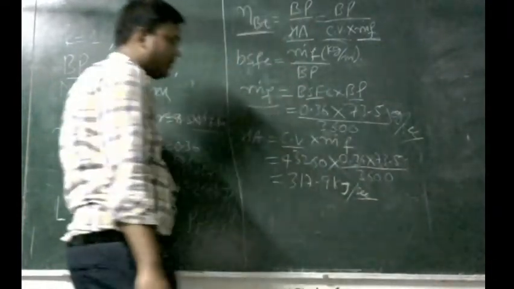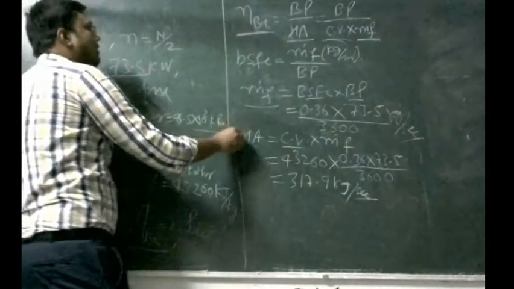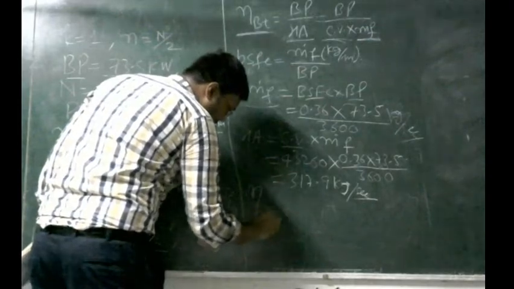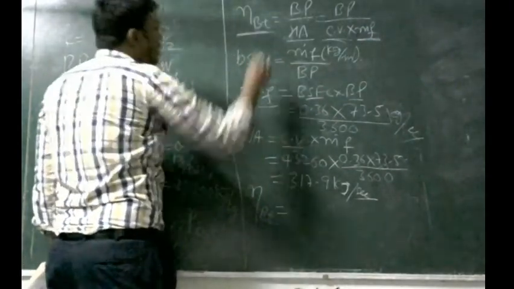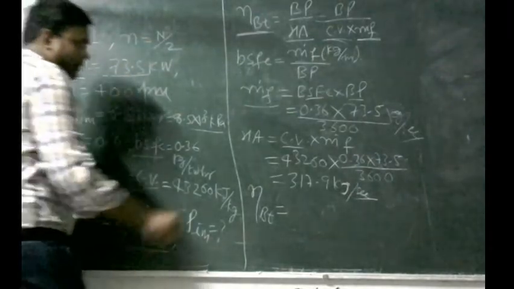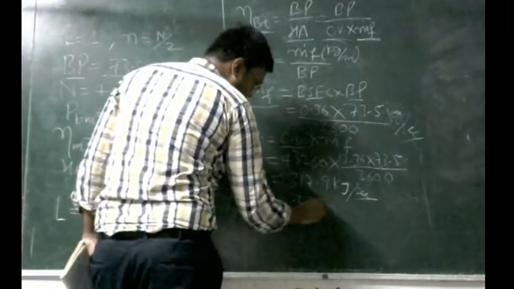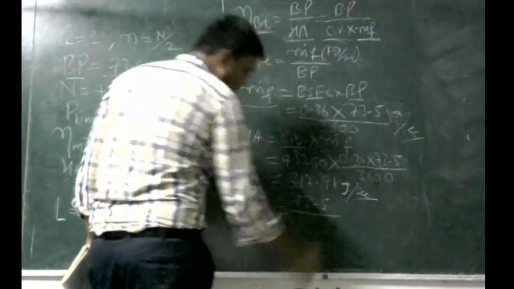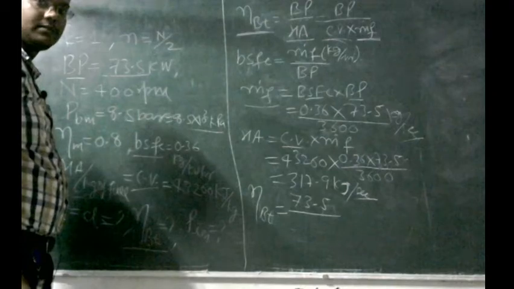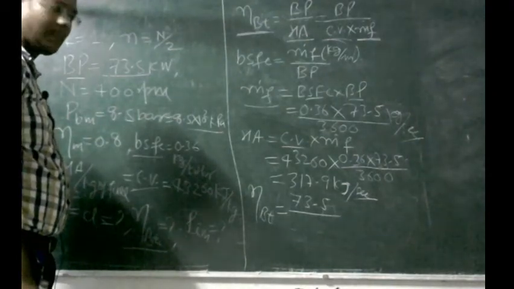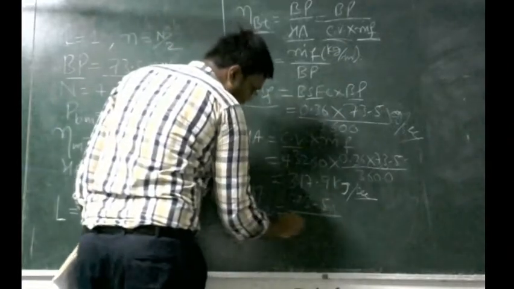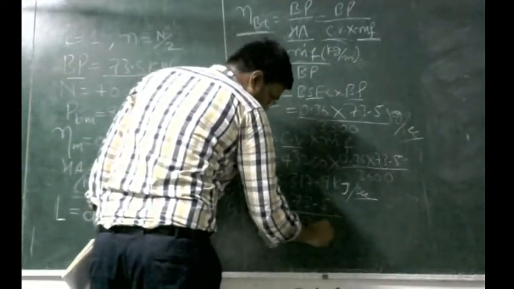Now we have the value of heat addition and we have the value of brake power, so we can find the brake thermal efficiency. Eta brake thermal efficiency is equal to the brake power, 73.5, divided by the heat addition, 317.9.